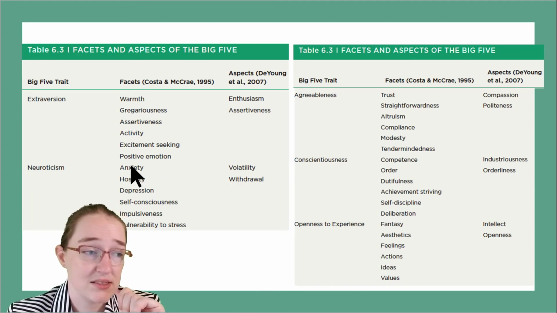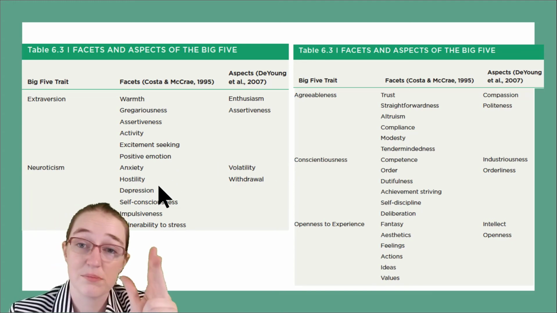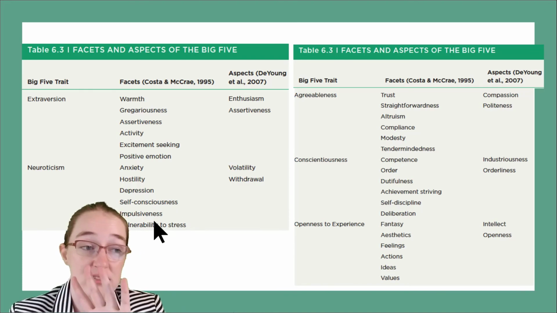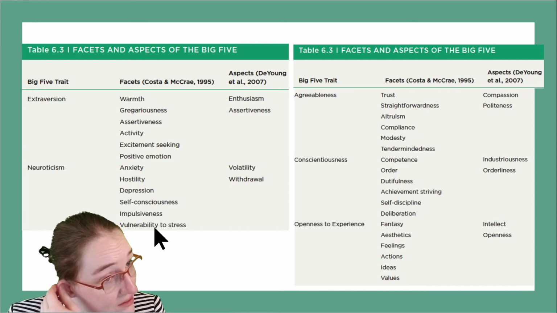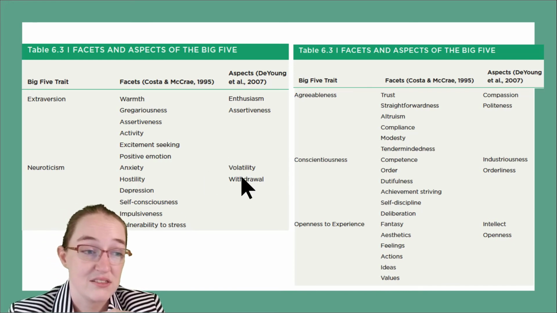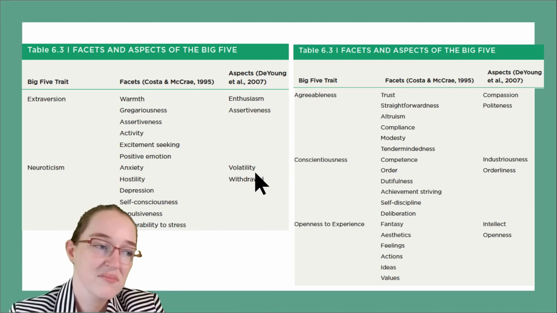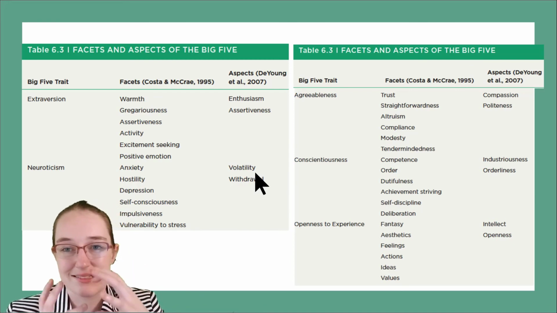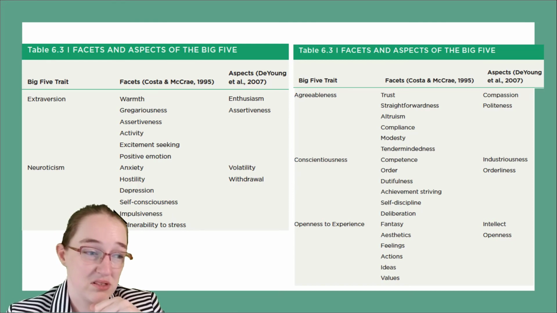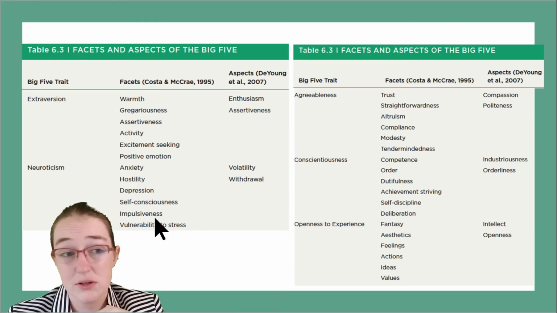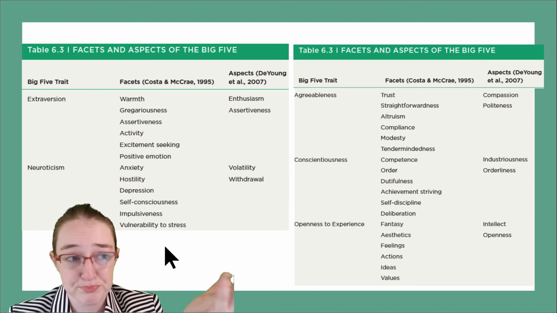Next, you've got neuroticism, which has facets of anxiety, hostility, depression, self-consciousness, impulsivity, and vulnerability to stress. Colin DeYoung breaks this down into just volatility and withdrawal. Not just, but it's a little briefer. There's also debate on whether impulsivity really belongs in neuroticism, or does it belong in conscientiousness.